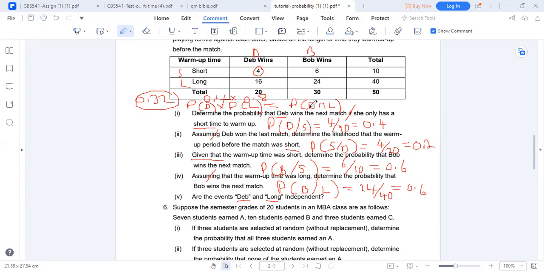So what is Deb and Long? 16 over 50, which is 0.32. Are they the same? Yes. What is the conclusion? Are they independent? Yes, they're independent.